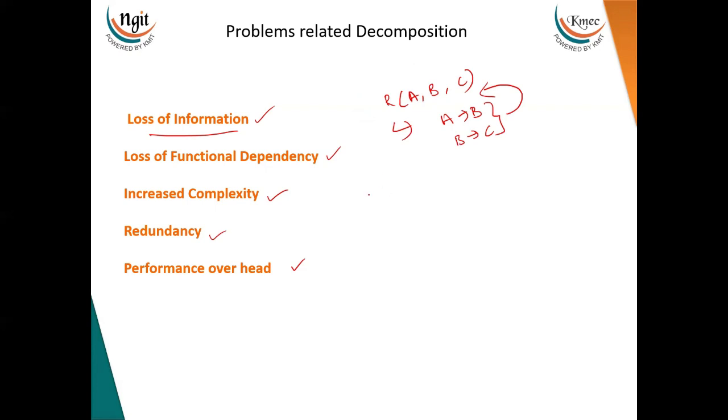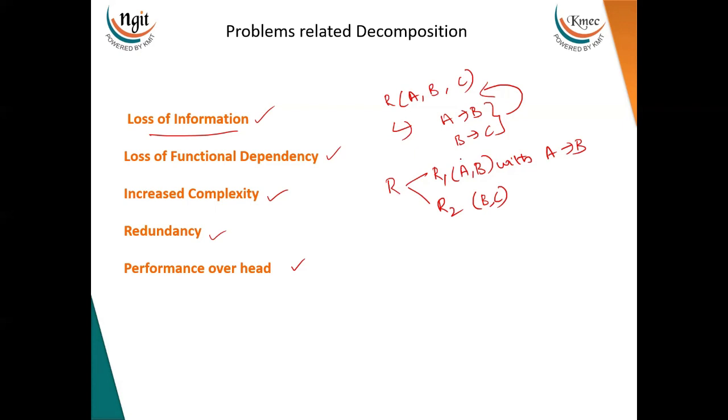Now suppose R is broken down into two relations, say R1 and R2, with the attributes for R1 being A and B, and for R2 we have B and C. Assume the functional dependency for R1 is A tends to B. It is because R1 contains what?